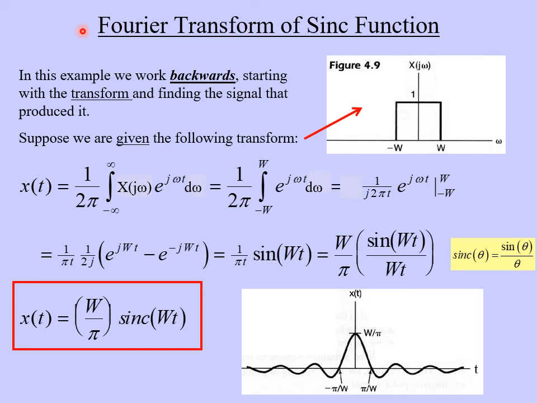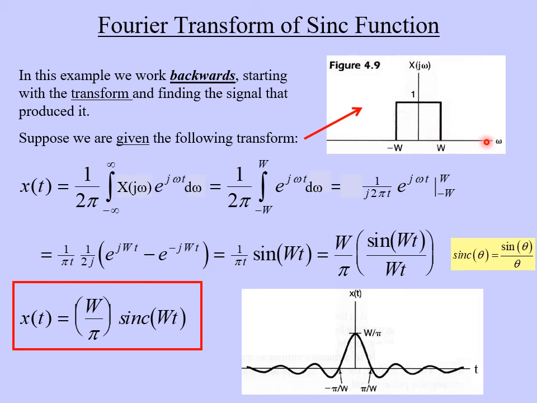And we can sort of do the same thing, but working backwards. In other words, we can find the Fourier transform of a sinc function. So this time, let's work backwards because the math is a lot easier. Suppose we have some function whose transform or spectrum, X of j omega, looks like a rectangular pulse. But remember, this is not in time.